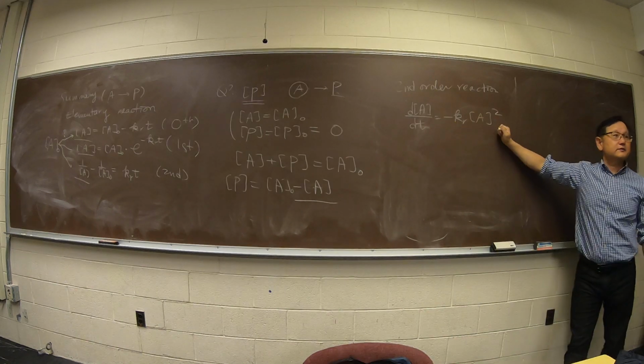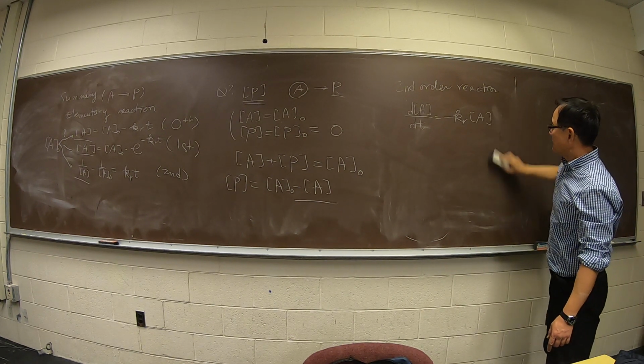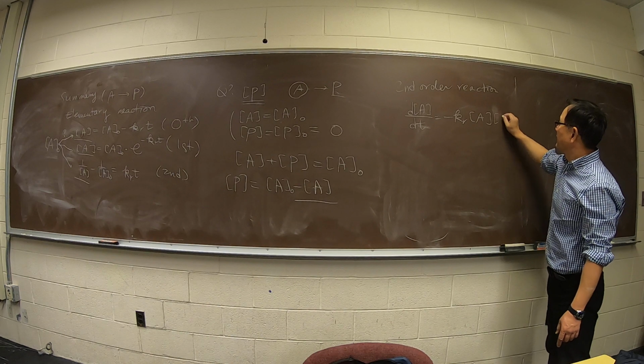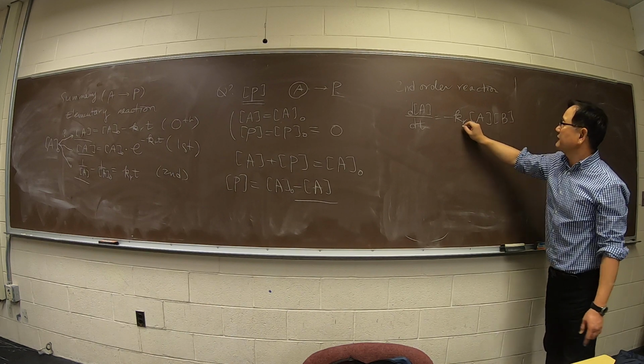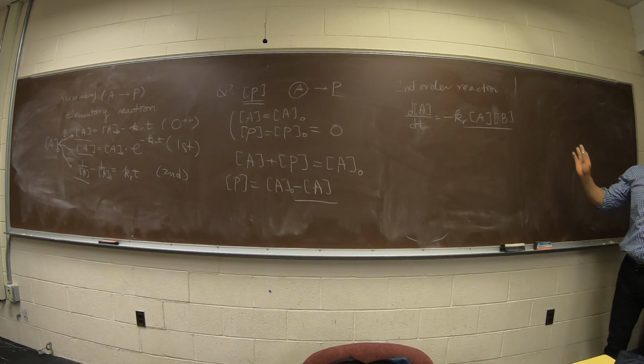This is an easy reaction to solve. But what about if you are second order in this way? It's second order overall, right? And then you have to figure out how to solve this.